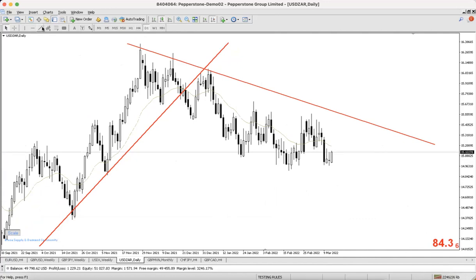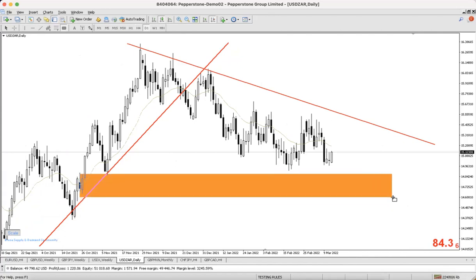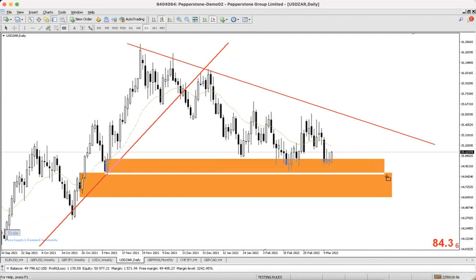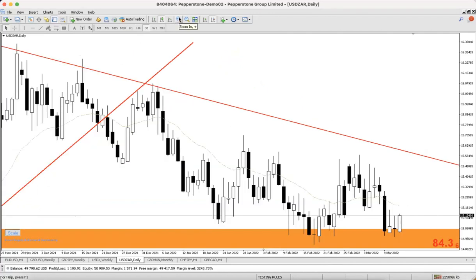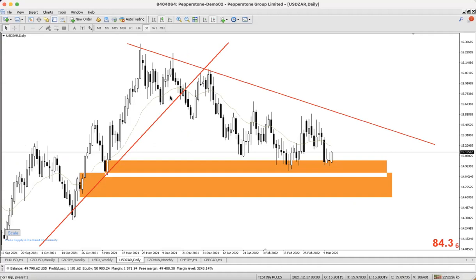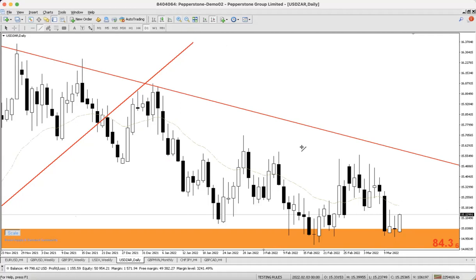And this area was tested. Another area that was tested on the daily. So rally up. So on the daily.